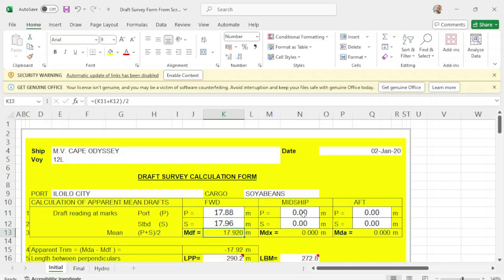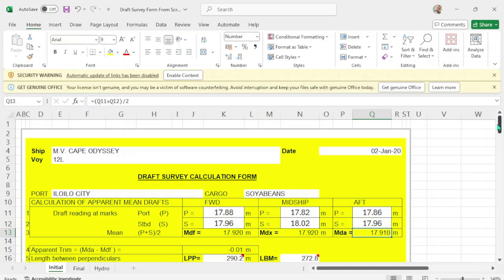Then here the ship 17.82, 17.82, 18.02, and up is 17.86, and starboard is 17.96. Okay.